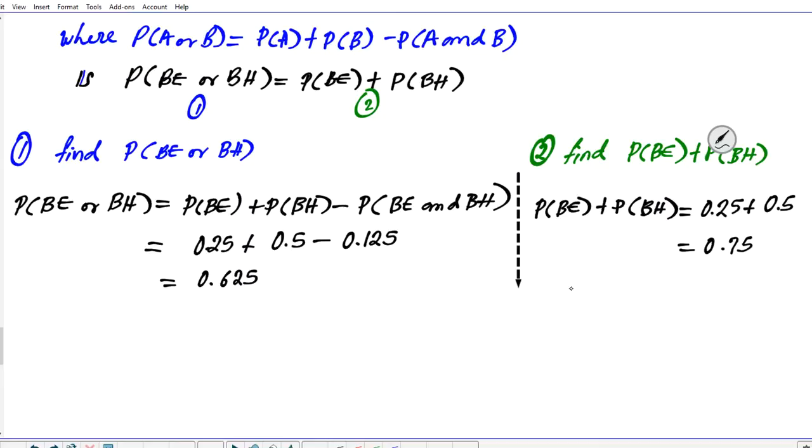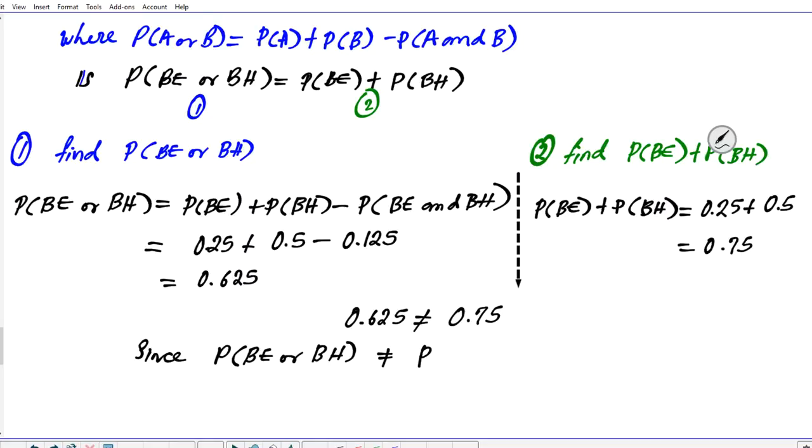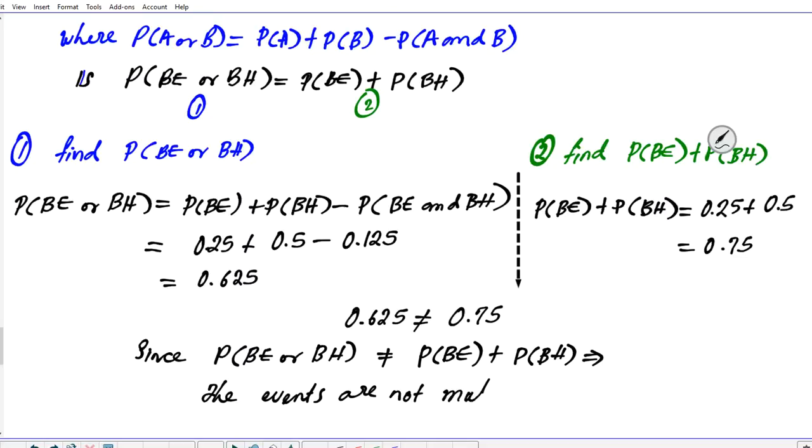Okay, so the question is, are they the same? And the answer is no. 0.625 is not equal to 0.75. Okay, so since the probability of blue eyes or blonde hair is not equal to the probability of blue eyes plus the probability of blonde hair, what does that follow? It follows that the events are not mutually exclusive.